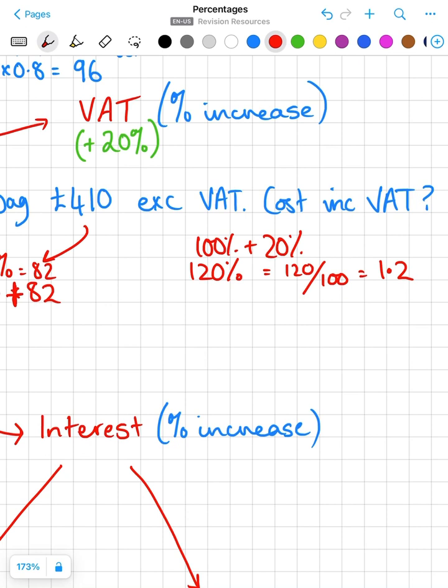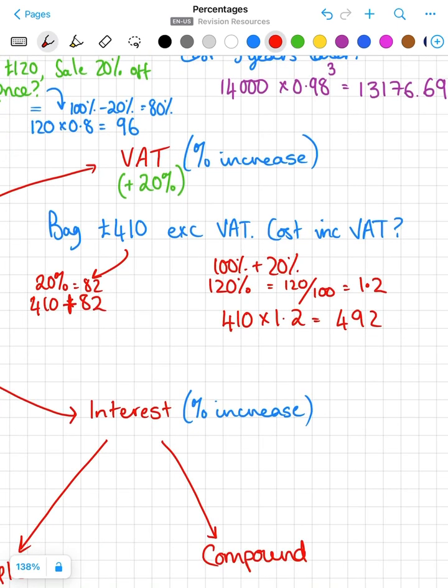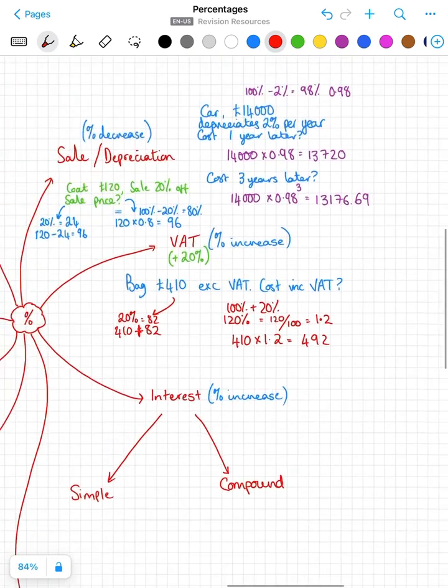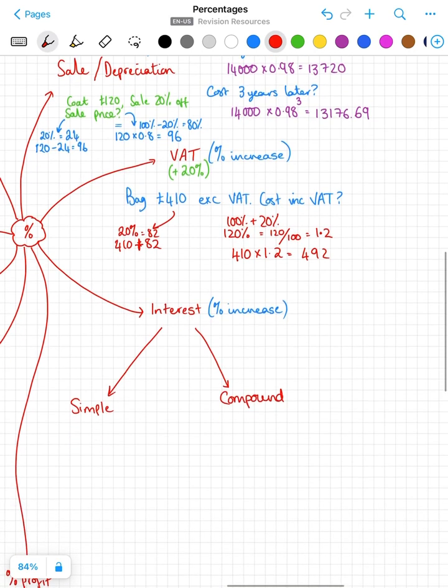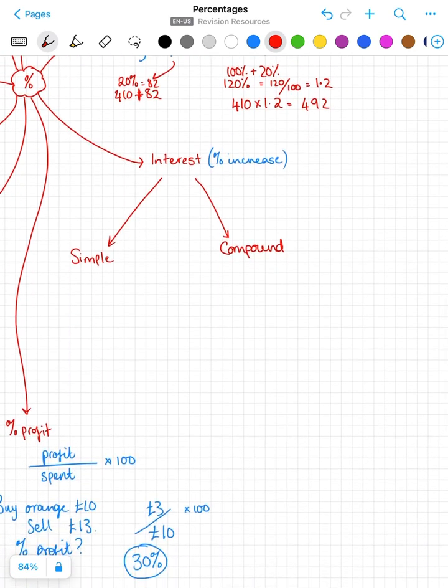So easy VAT questions, you just multiply your amount by 1.2, and what you've done there is you've increased that amount by 20%, 492. Once again, this method with the decimal multiplier will really help with percentage increase, percentage decrease, and it will help with reverse percentage questions.